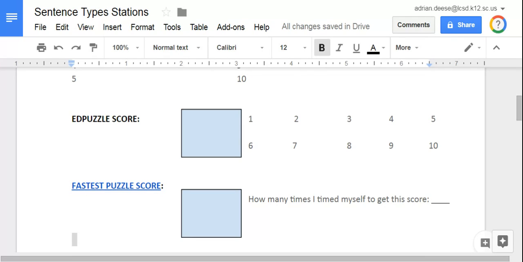Number 6, number 7, take a look at the word that is being used and how it should be classified. Again, with number 8, it would be good to look at the entire sentence.